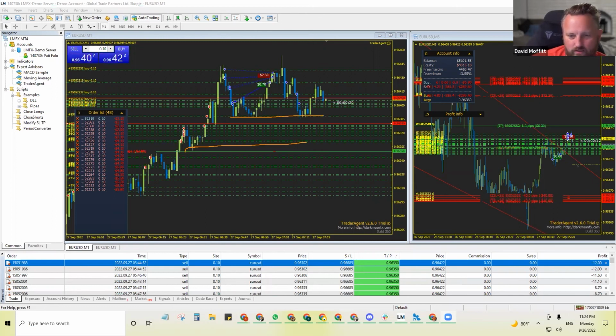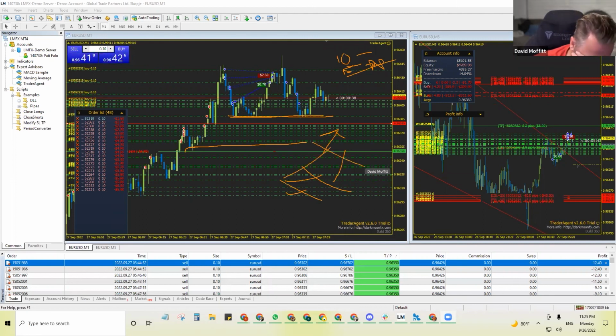I'd probably watch it break below here. If it gets somewhere in here, I'd start peeling off these trades, throw in some buys for an overnight of anywhere between 10 to 15 pips. That could be pretty safe to help fix these trades that I'm peeling off, and then get some overnight trades of 10 to 15 pips on trades that are easy to take, like we just set up with these buys, but will fix these trades that we peeled off. And that's how I trade that.